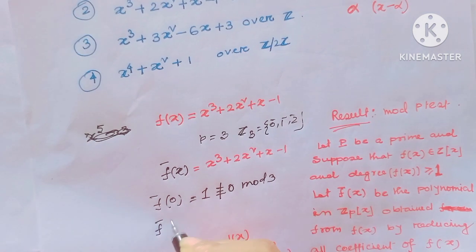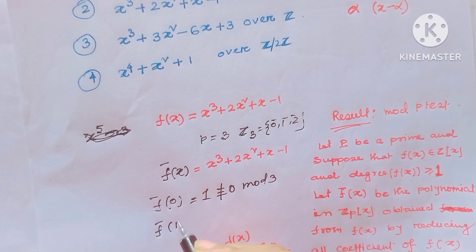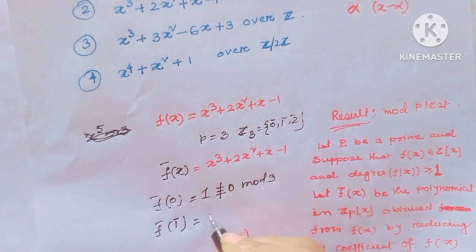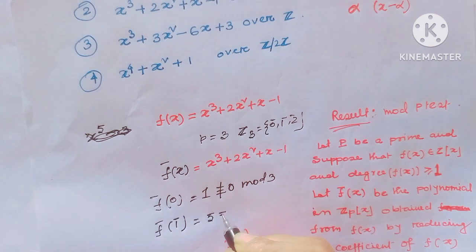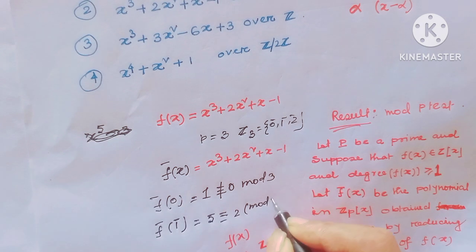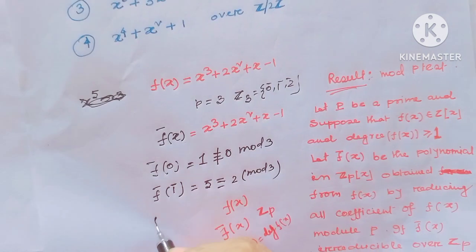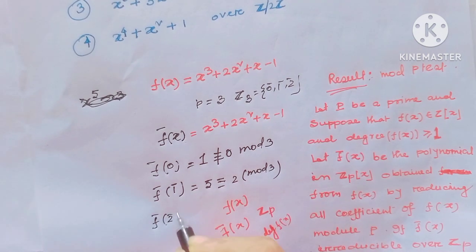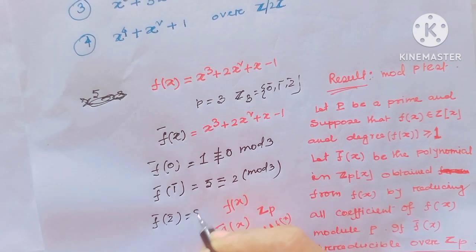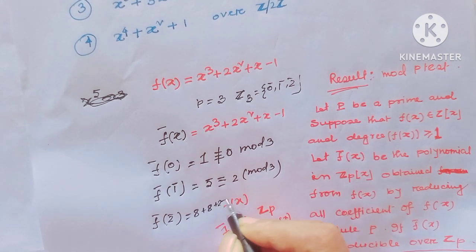f bar 1 (class of 1) is equal to 5, which is congruent to 2 in modulo 3, and f bar 2 (class of 2) is equal to 8 plus 8 plus 2 plus 1.